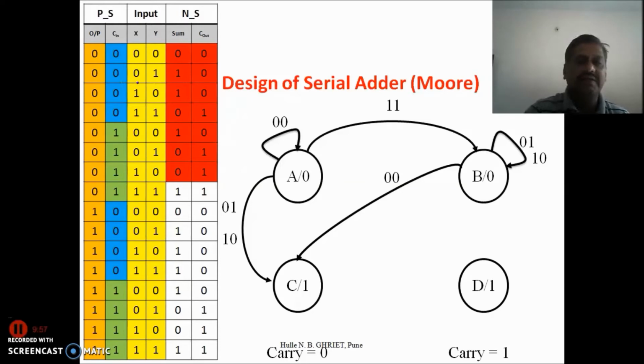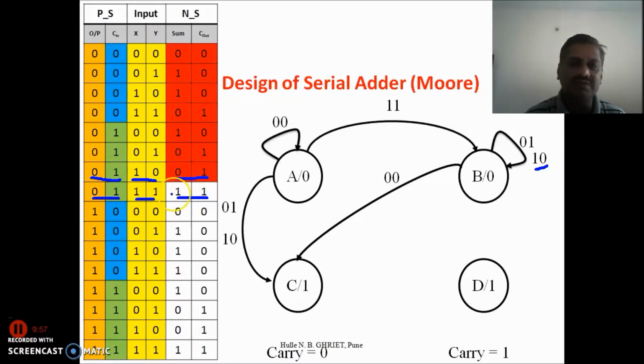Now in this case, when we are in the B state and the input is 0 1, again B will be the state. Then for the B state, when the inputs are 1 1, the next state will be 1 1.